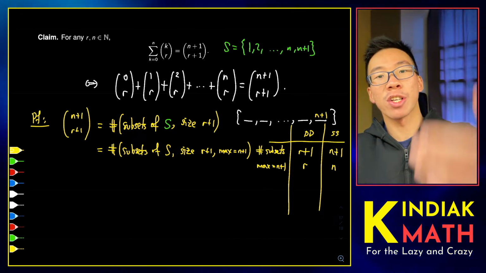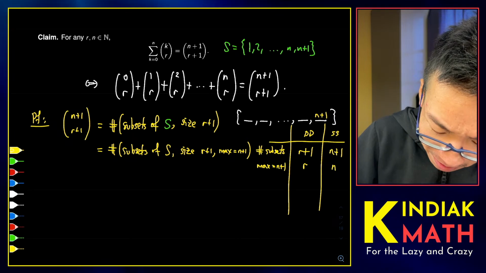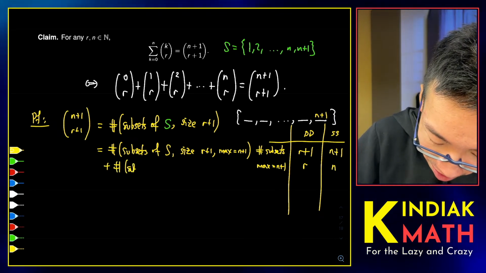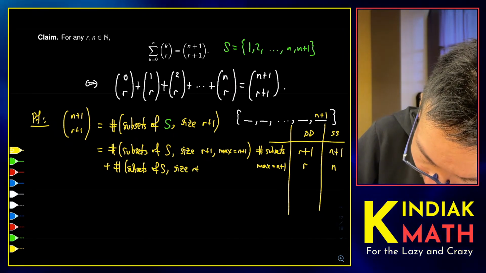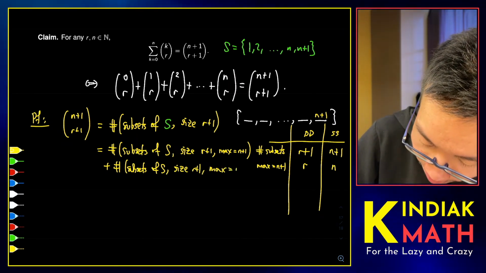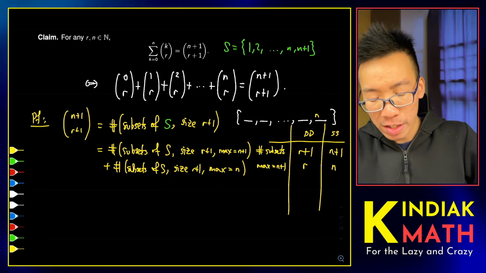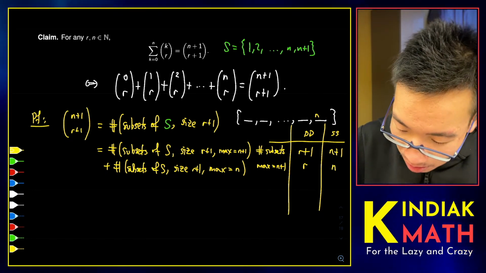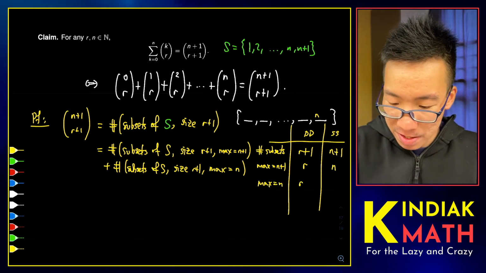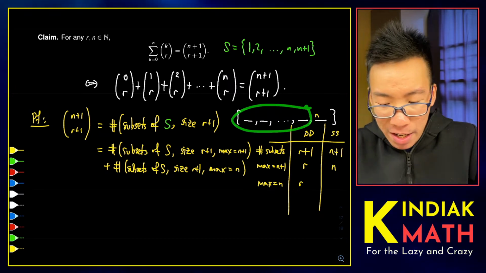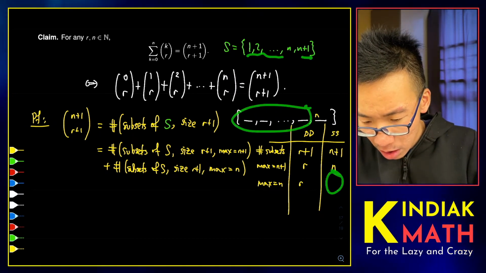So that's the first situation. The maximum number is the biggest number ever. But what if the maximum number is smaller, say n? Now you might be thinking, okay, the number of spaces is still r, and then the supply, what we can choose from, is still n.